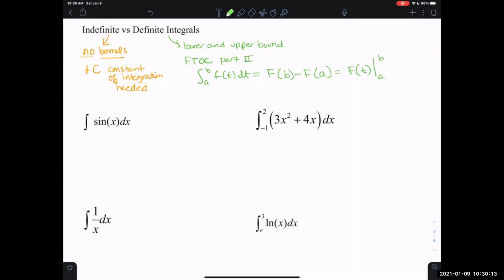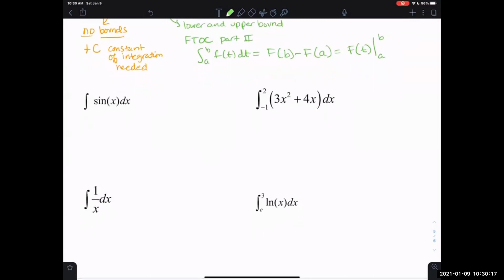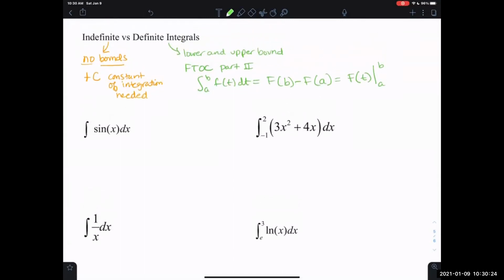All right, so let's go ahead and look at these. You have a series of antiderivatives that you're going to want to memorize, but when you think about trig derivatives, if you think like d dx of sine x is cosine x, it works in reverse, so the antiderivative of cosine is sine.